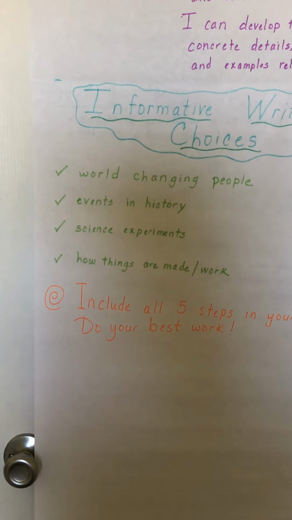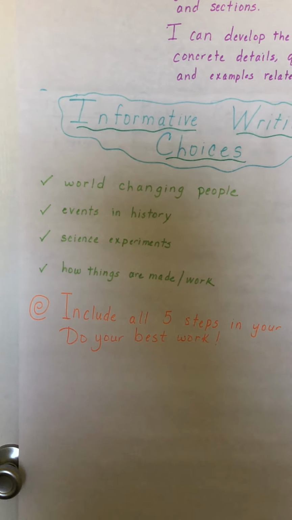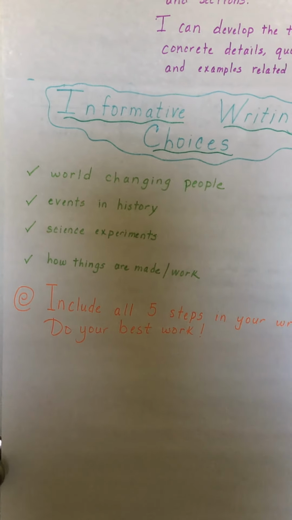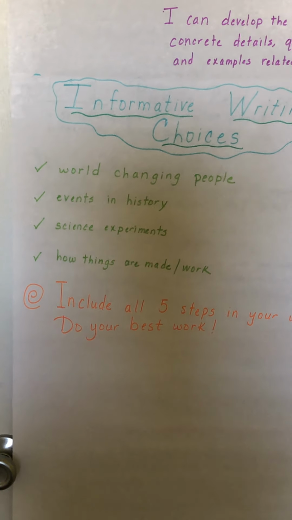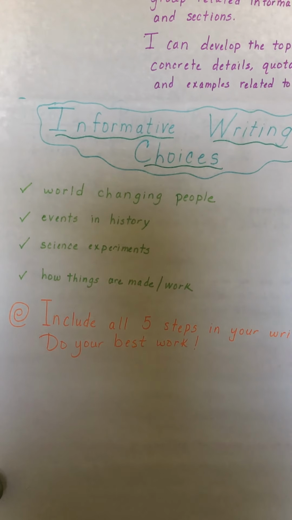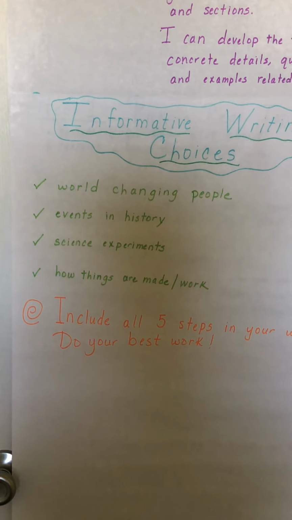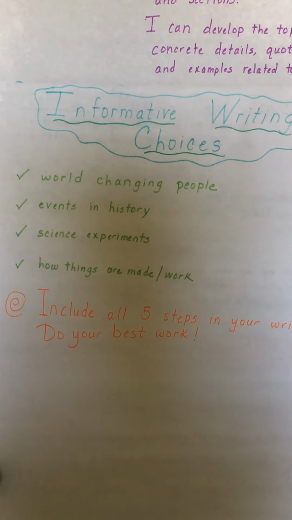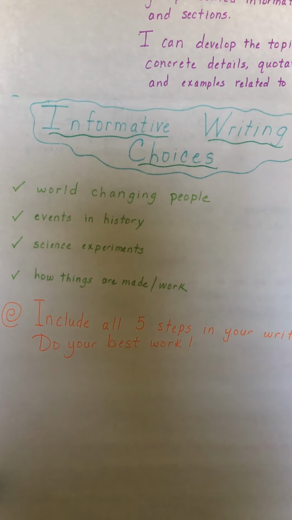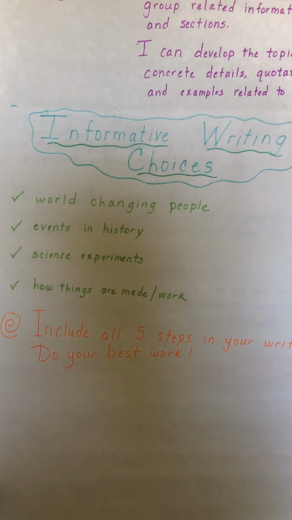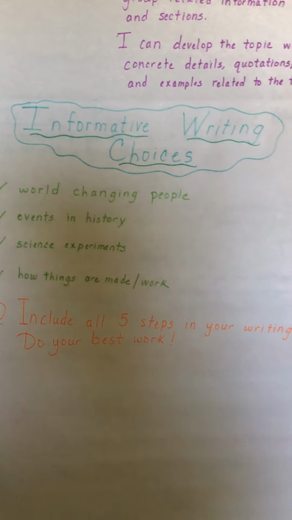You can choose a science experiment, maybe something you've tried at home during quarantine that really was cool, or that you want to try and you're interested in. And the last category you can choose from is how things are made or work. So think about an invention or something we use every day, how it was made and how it works.